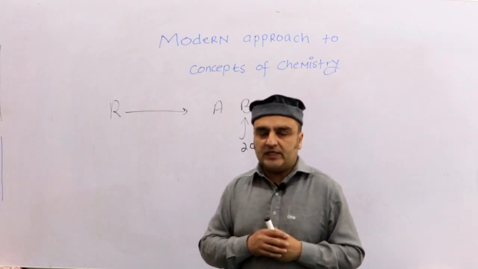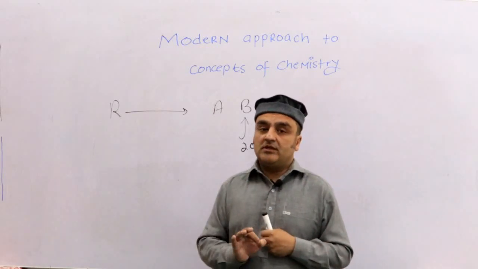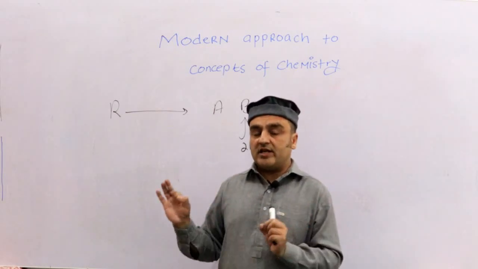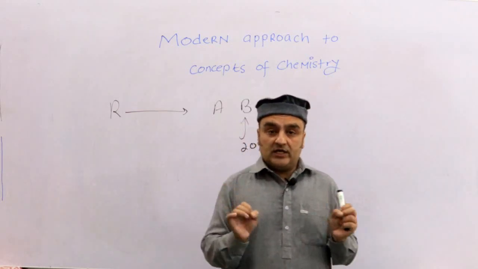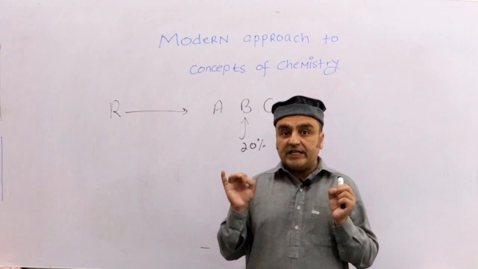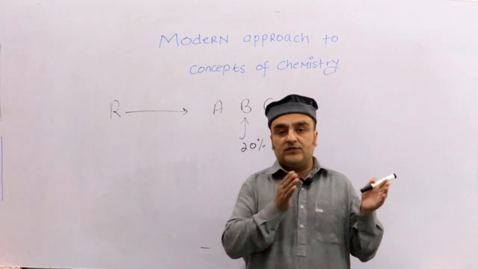We can achieve that, but the one condition is that we need to understand a chemical reaction. We need to look critically at each reactant, how it behaves and how it will react.